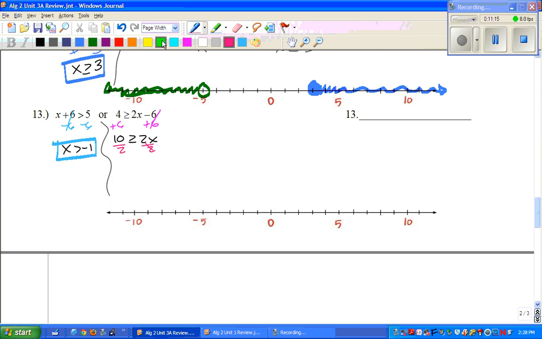Divide by 2. 5 is greater than or equal to x. The only thing is we have to rewrite that because the x is not first. We've got to get the variable first, and it's pointing at the x. I'm going to make sure it stays pointing at the x.